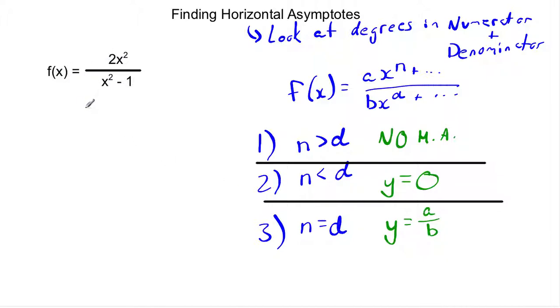So here in this example, I can see that n is equal to 2, the degree in the numerator. The degree in the denominator is also equal to 2. So because they are equal, I go to this third option, and I find that my horizontal asymptote is y is equal to the leading coefficients. So 2 divided by 1, so y is equal to 2.